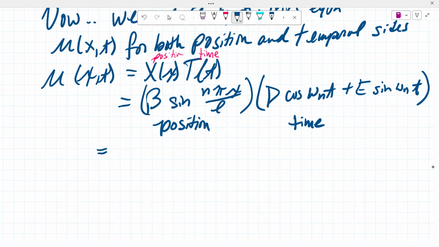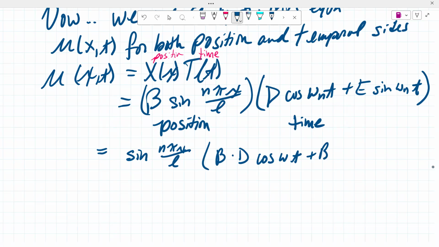So this is equal to sine n pi x over L, b times d cosine omega sub n t plus b times e sine omega sub n t. This is distribute.